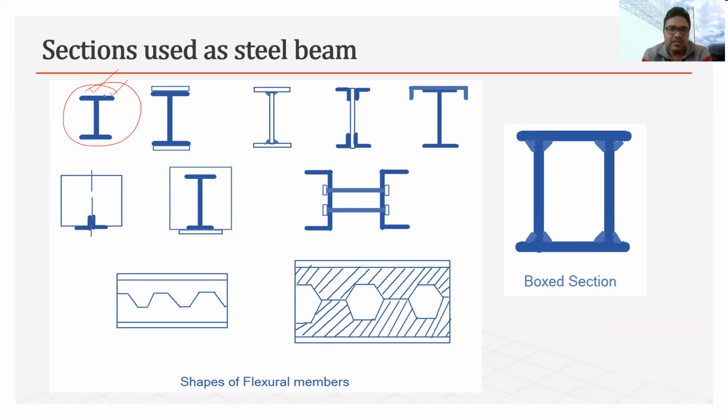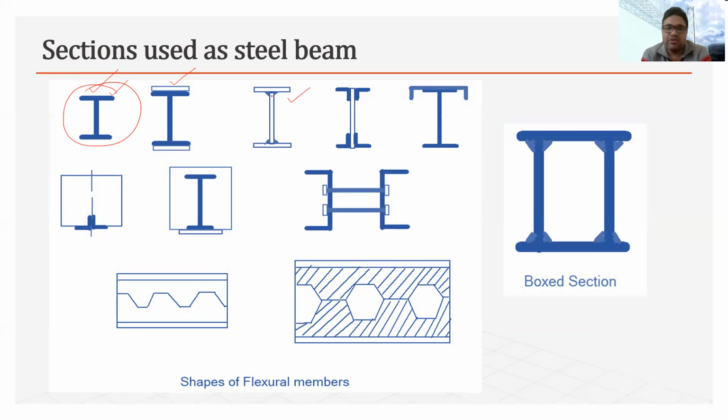Similarly, if there is a very large load, in that case we can make this a built-up beam by adding plates to the flange. Similarly, if there is a very heavy load, in that case we can design the beam as a plate girder.